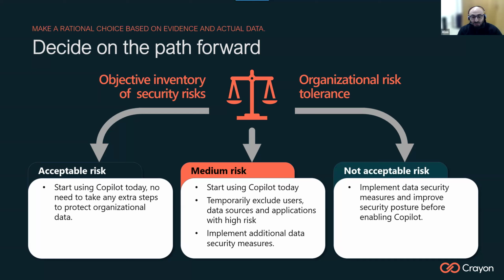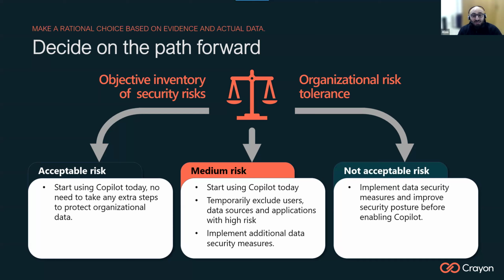This includes temporarily excluding high risk users, data sources, and applications, and implementing extra data security measures. These steps can be done alongside enabling Copilot. So while you're doing all these security controls and data governance, you can deploy Copilot in the meantime. We will discuss how that can be done in the next few slides.